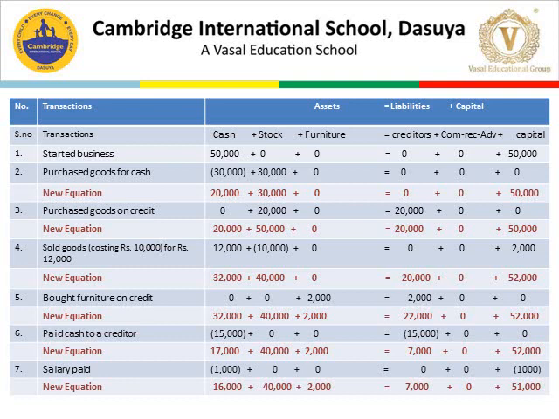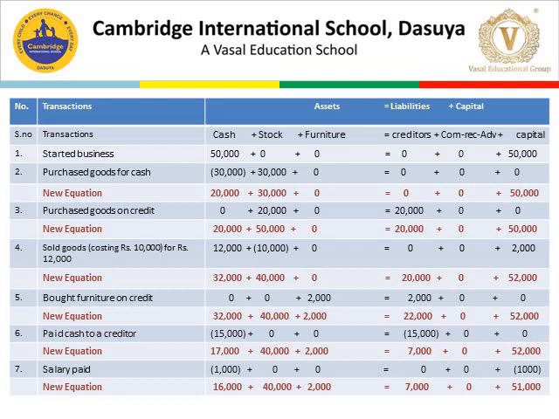It becomes, capital becomes 52,000. Now we will equalize the equation. 32,000 plus 40,000 is 72,000. On the other side, 20,000 plus 52,000 equals to 72,000. The equation is balanced.